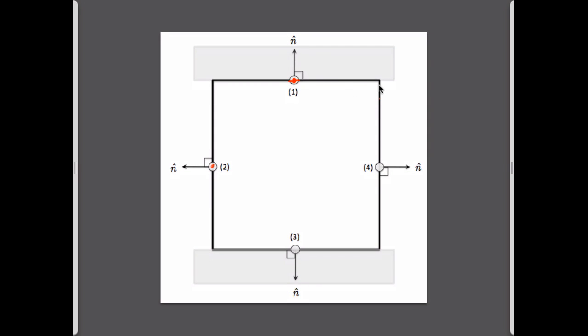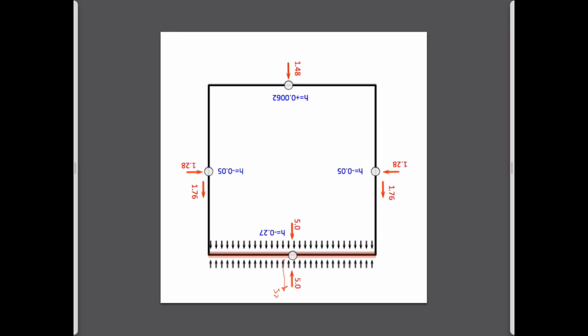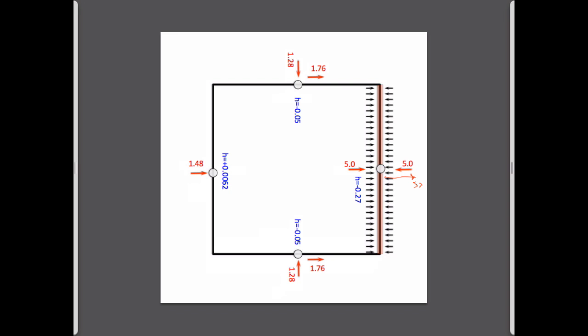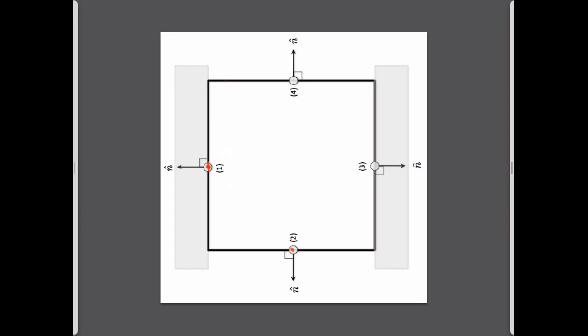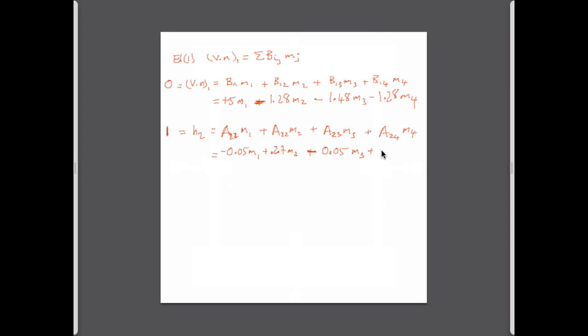We're going to put 1 on here, and we're going to see what its influence is again on this one here. And so this is going to be this one, 0.0062. I think it's positive, right? 0.0062 M4. And so you get the picture.